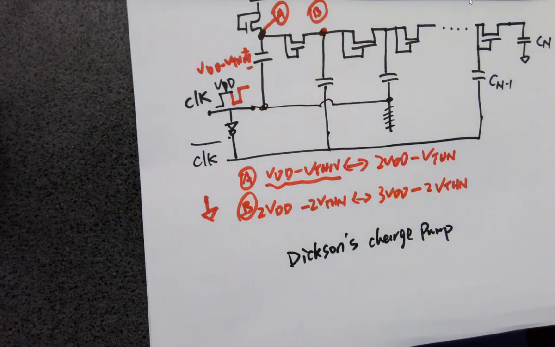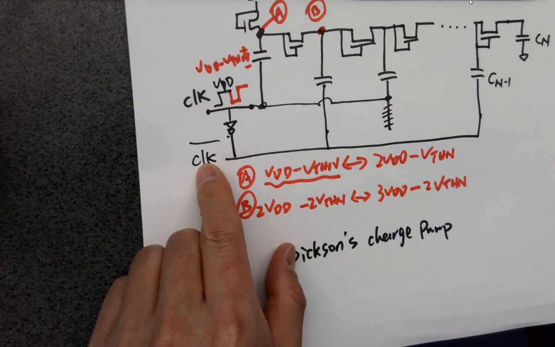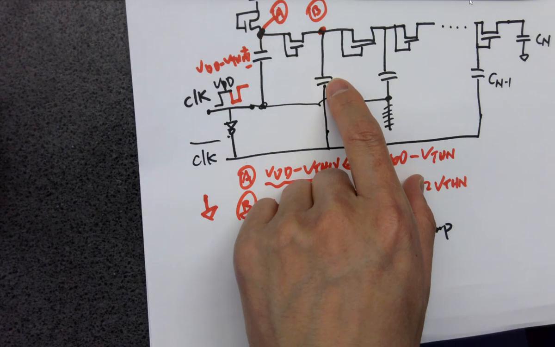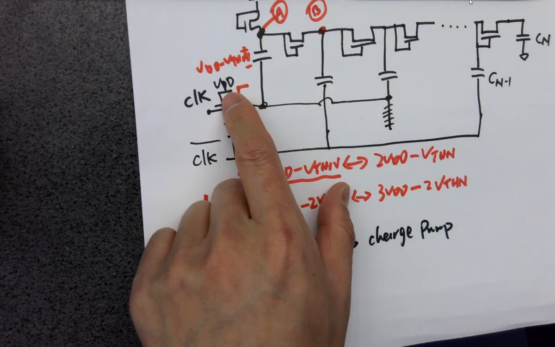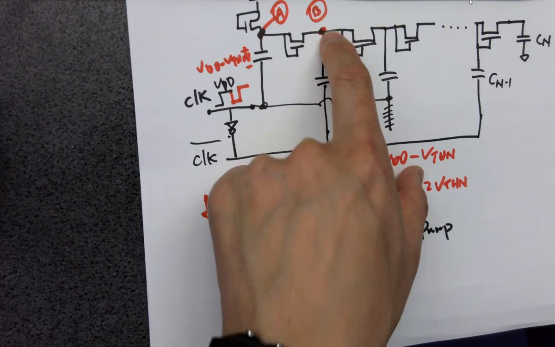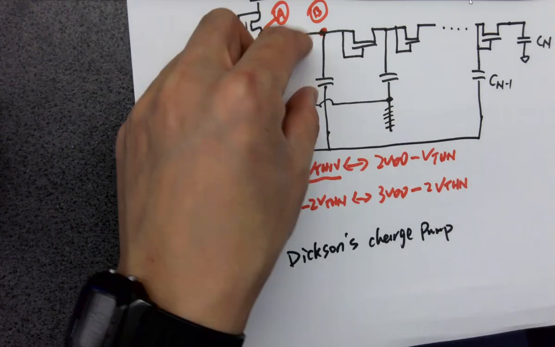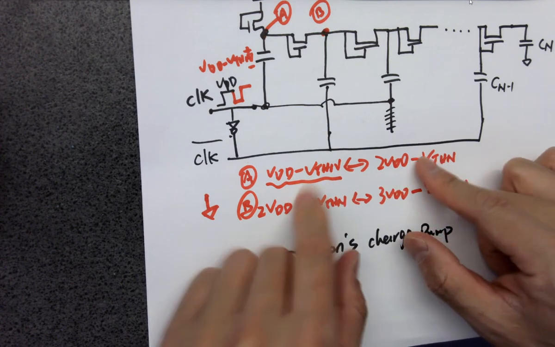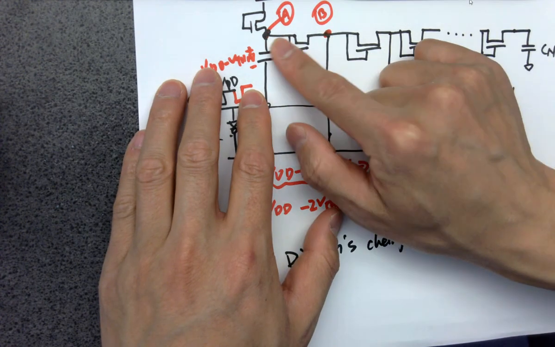Superposition, right? Where did the second VDD come from? Over here, the clock. Oh, okay. Yeah, from this cap. It's doing the same thing. So when it's pulling, it's charging up the cap by these voltages, like pulling the charges across this diode.